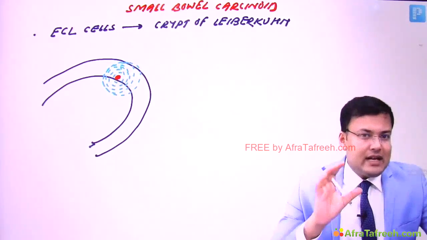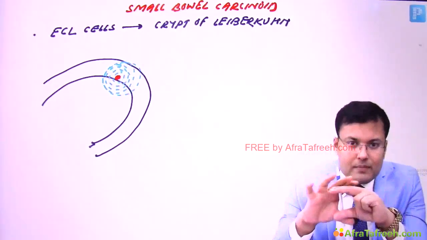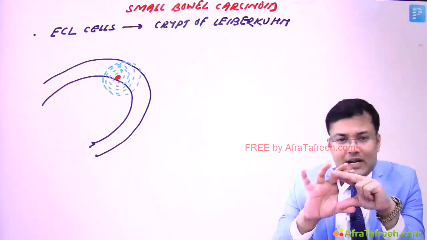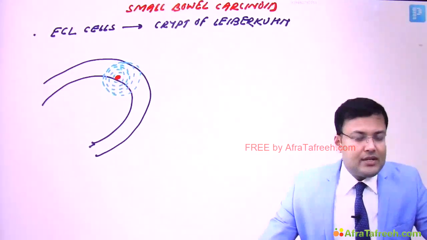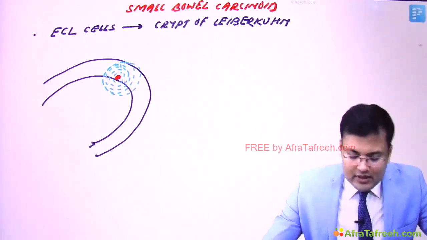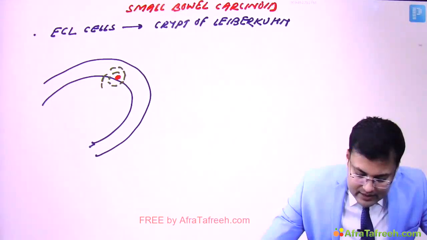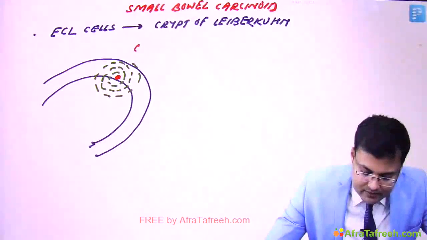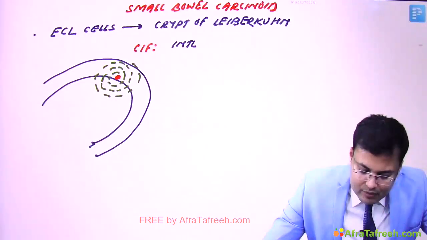And whenever there is excessive fibrosis around the tumor, it is going to compress the small bowel. Because of this compression, the patient will have partial obstruction, and because of that obstruction, the patient has pain. So what are the clinical manifestations? Here you can see that there is intense desmoplastic reaction. So clinical features: these patients have intense desmoplastic reaction.